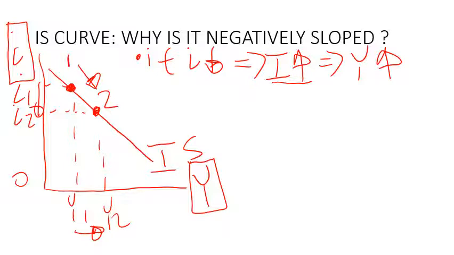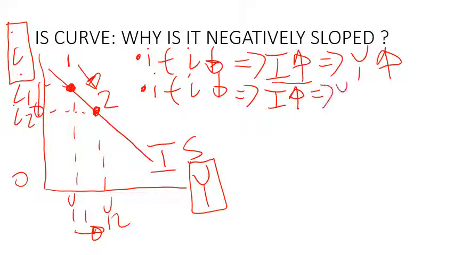Why is it negatively sloped? Well, there's another part to it. If the interest rate decreases, then physical investments go up, then national income goes up, and as national income goes up, what happens to disposable income?